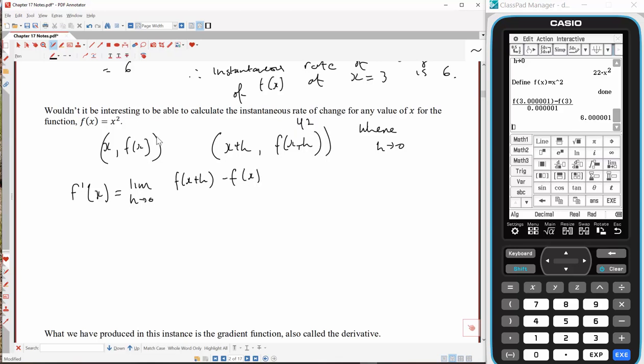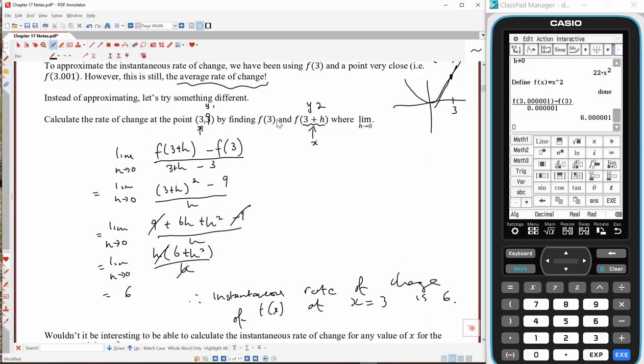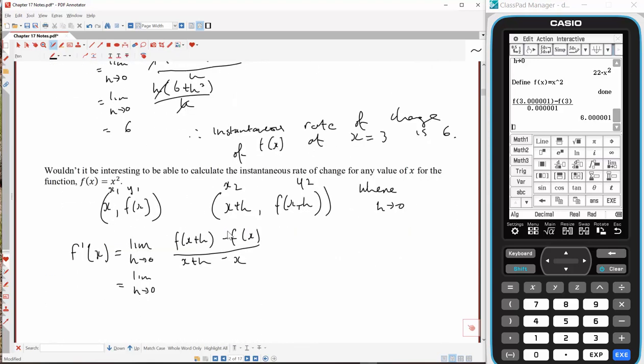That's y2 minus y1, over x2 minus x1, so we've got x plus h, take away x. Again, I'll explain what that means in a bit, but this part here is what we did at the point x equals 3, but this time we're just choosing x is equal to x.